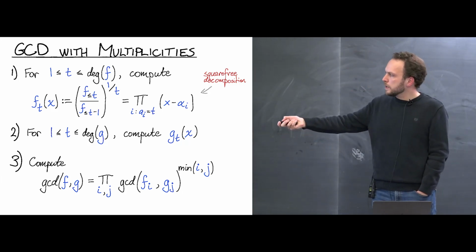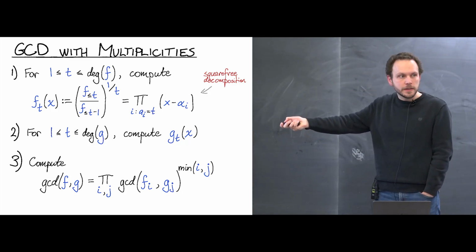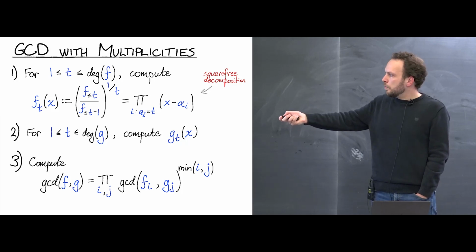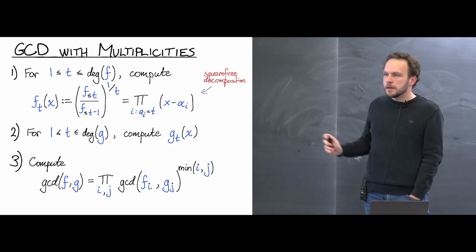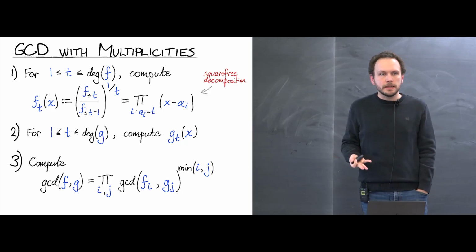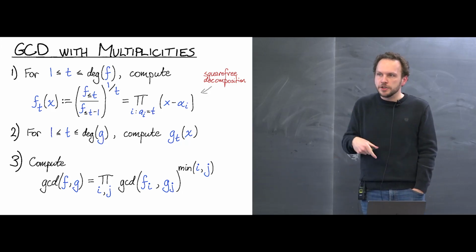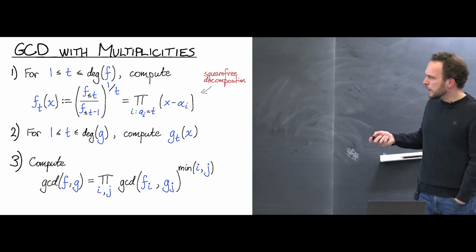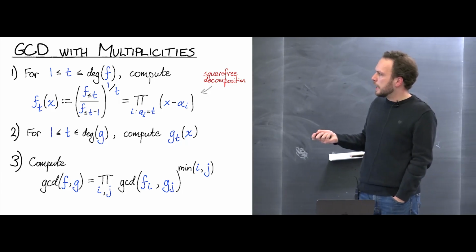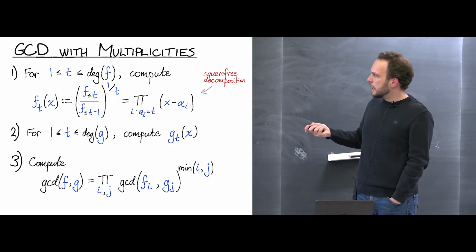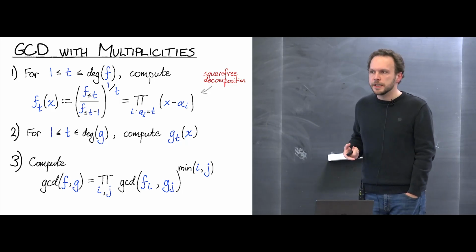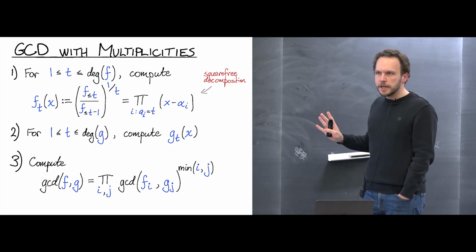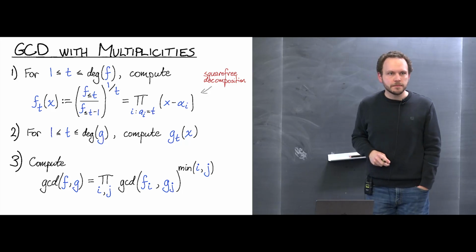Now, these 2 polynomials are square-free, so we know how to take their GCD. And this gives me some set of roots. What multiplicity do I want to take them with? Well, the minimum of i and j. Right? If I have a factor that appears with multiplicity i in f and j in g, I get it with its minimum multiplicity in the GCD. You do this for all i and j, this gives you the GCD.